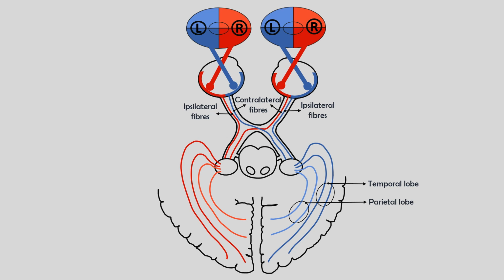Now they come out of the lateral geniculate nucleus, and there are two types of fibers. One runs through the temporal lobe to the occipital lobe, and another type moves through the parietal lobe to the occipital lobe. What's the difference between these two? They are actually different fibers.